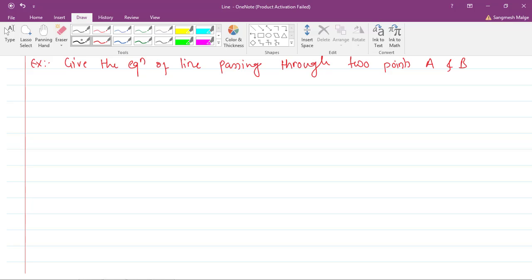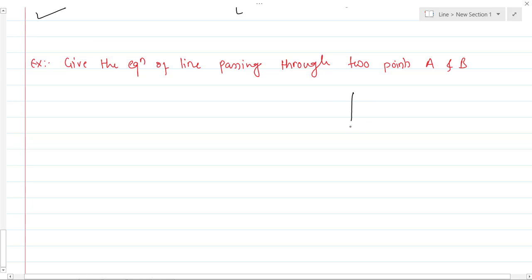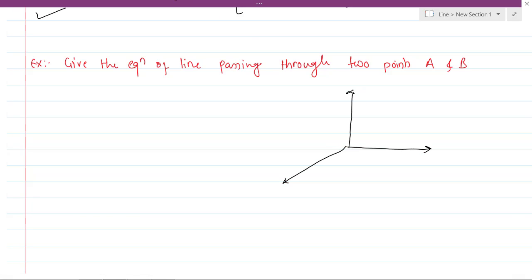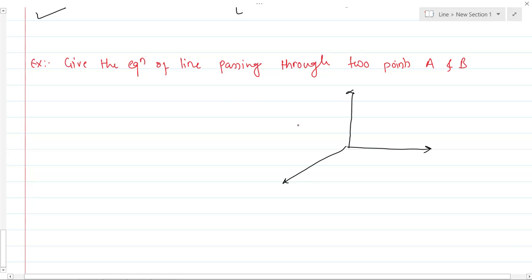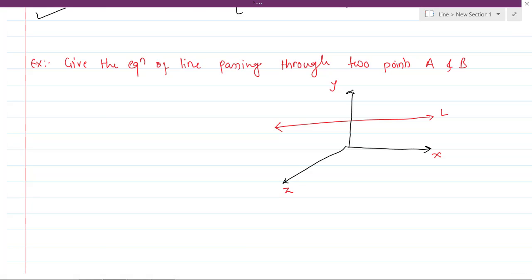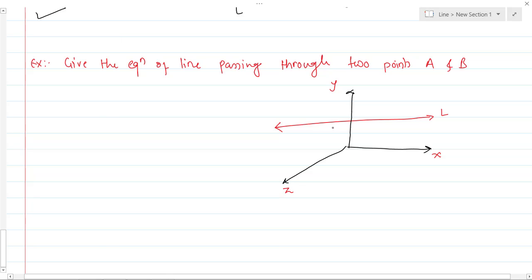Now let's take the same. We will have the x-axis, y-axis and z-axis. Let's have the line. So this is the line we will be having. Now in this case your line is passing through 2 points.